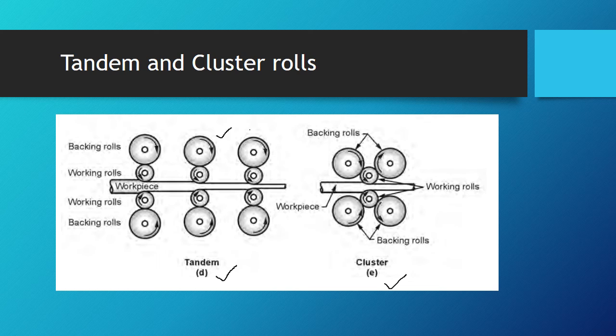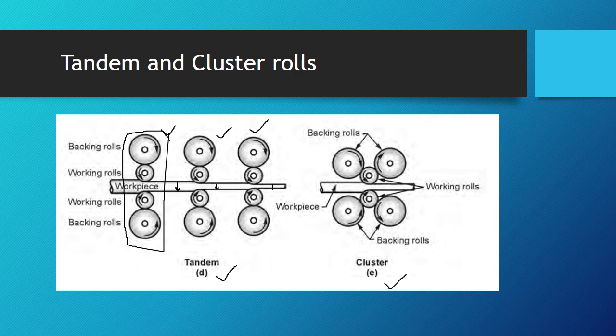In a four high rolling mill there was only one assembly, but in this there are more assemblies, and you are reducing the thickness in each pass. If you see the thickness here, and then the thickness here, it is less, and here it is even further less. So a tandem rolling mill is a combination of different four high rolling mills.